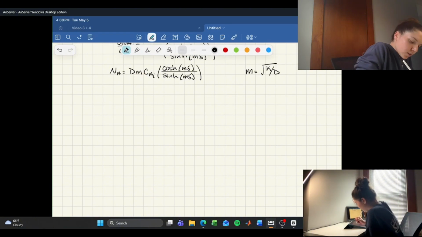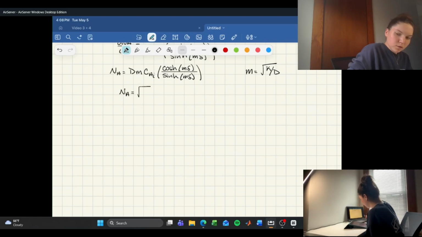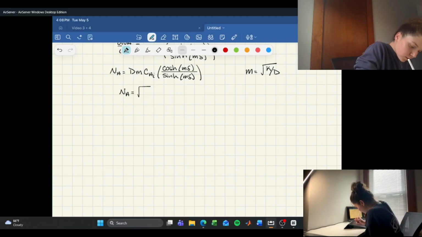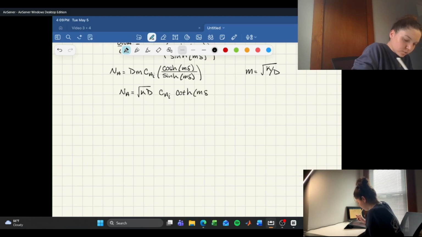We get that the molar flux of component A is equal to the square root of reaction rate times the diffusion coefficient times the concentration of A at the interface times the hyperbolic cotangent of m delta.